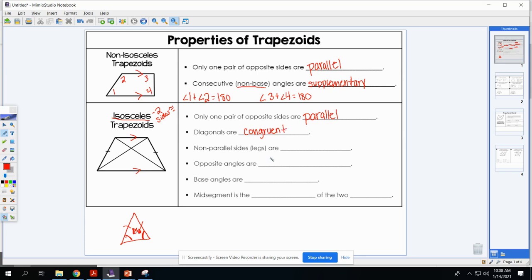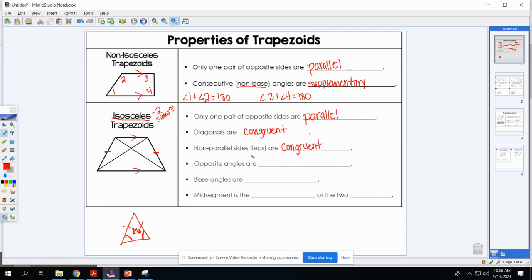Non-parallel sides, the legs. So these legs here would be the two sides that are not the bases. All right, so the bases would be at the top and the bottom. The legs here are going to be on the left and the right. So hopefully you guys can see that these are in fact congruent, and that's where we get our isosceles name from, those two legs that are congruent.